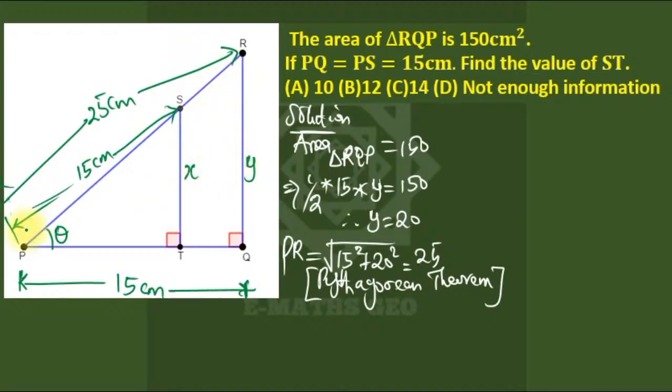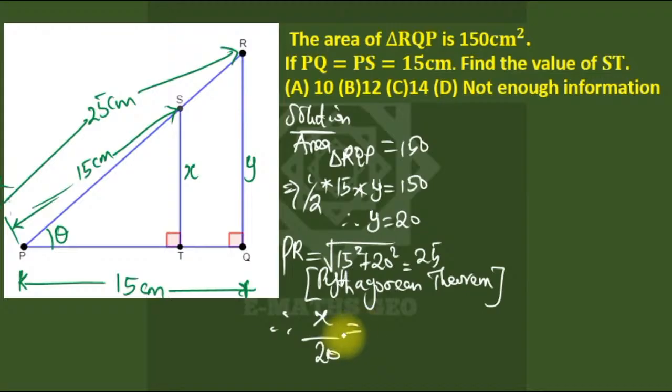So since we've known this, we can now compare using the similar triangle theorem. We are looking for x. So x is opposite theta. What is opposite y? So y is 20.